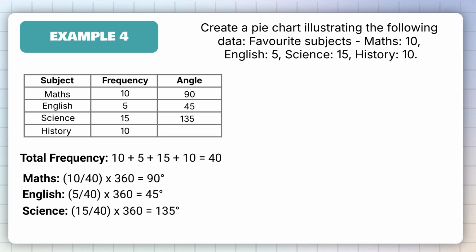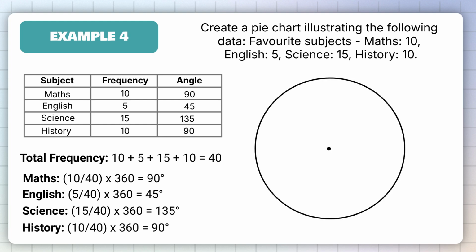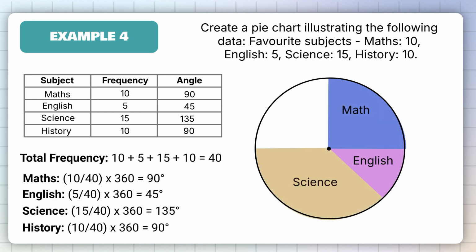Science equals 135 degrees. And lastly, history equals 90 degrees. Finally, draw a circle and divide it into sectors with the calculated angles: 90 degrees for maths, 45 degrees for English, 135 degrees for science, and 90 degrees for history. By following these steps, you'll have a pie chart that accurately represents the data.